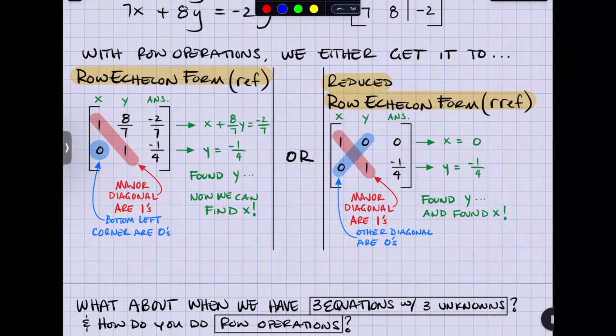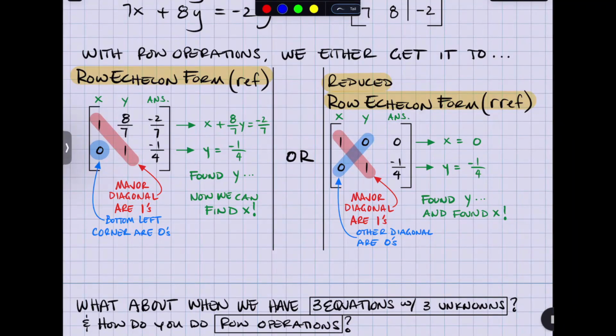Whereas in the row echelon form, only these will be zeros, and then there are going to be numbers over here. Okay? So what's the difference? The reason why they have row echelon form is because most of your work is done, but not completely done.